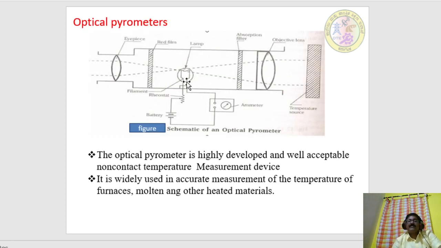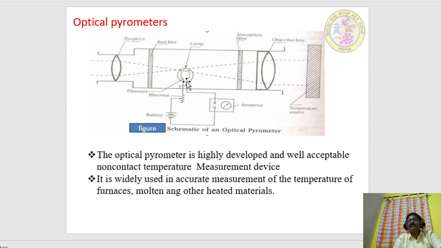Now next we look into optical pyrometers. Optical pyrometers use a method of matching as the basis for their operation, and a reference temperature is provided in the form of an electrically heated lamp filament.